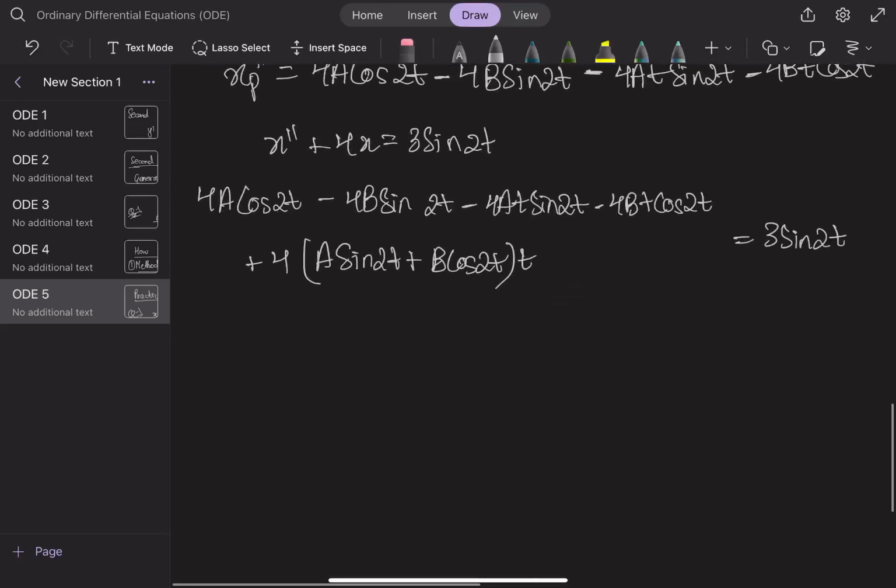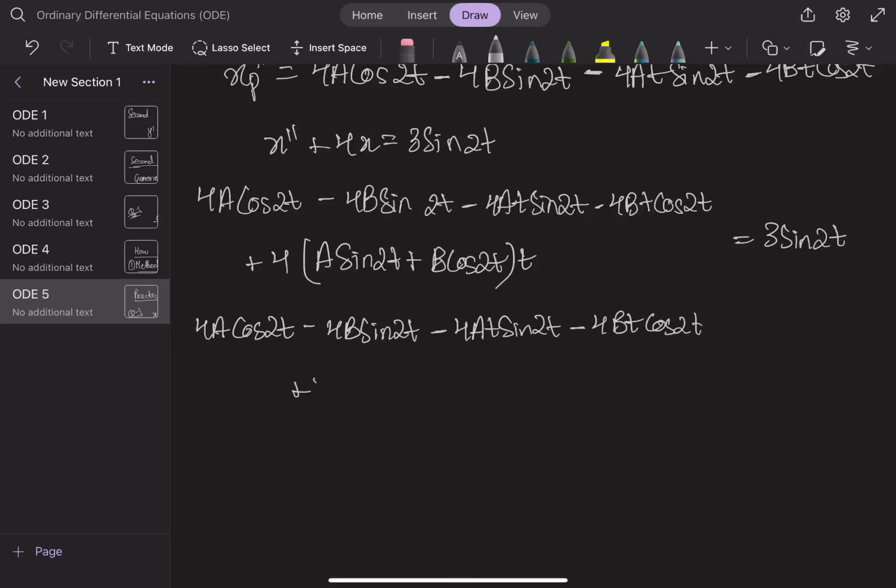Now let's simplify. 4a cos 2t minus 4b sin 2t minus 4at sin 2t minus 4bt cos 2t plus 4a sin 2t plus 4b cos 2t.